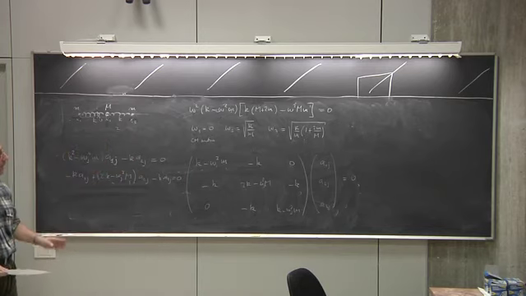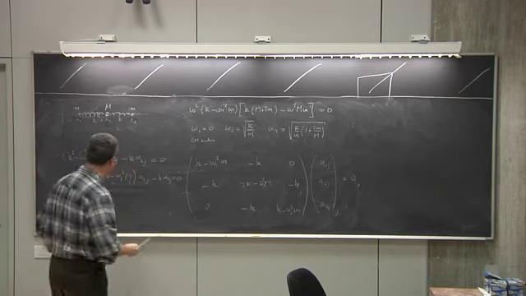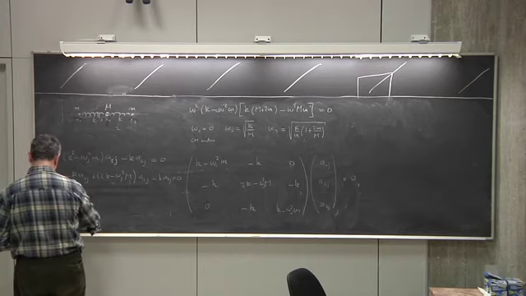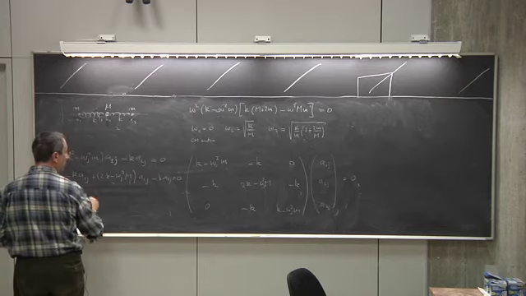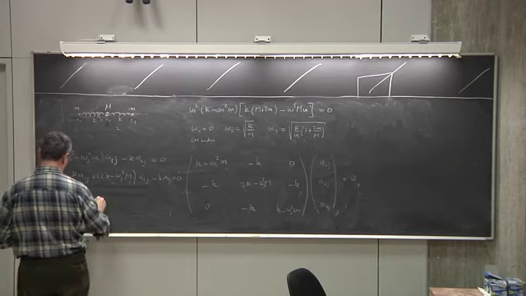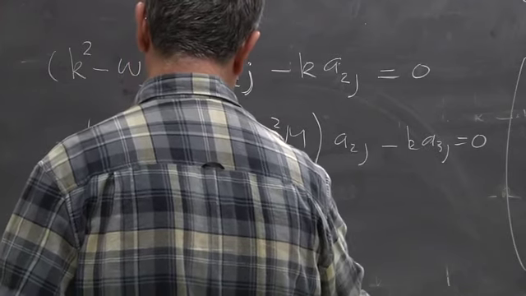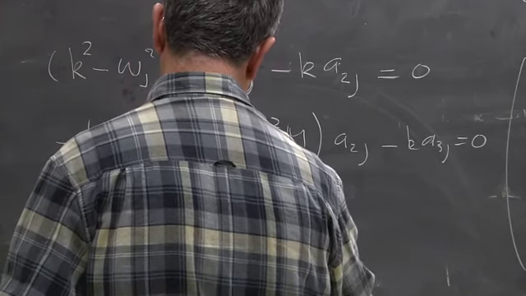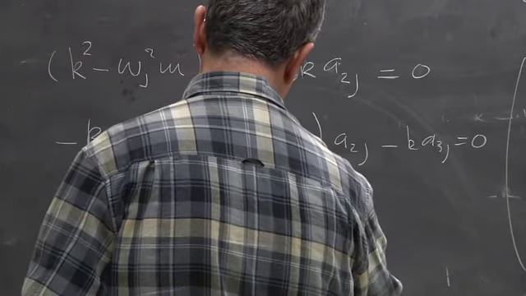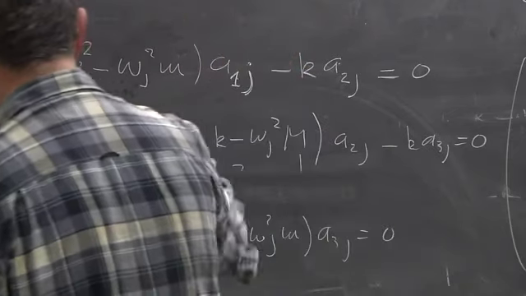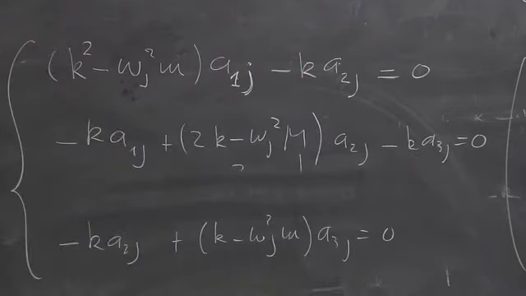And now the last one, that is minus k a2j, plus k minus omega j square little m a3j equal to 0.